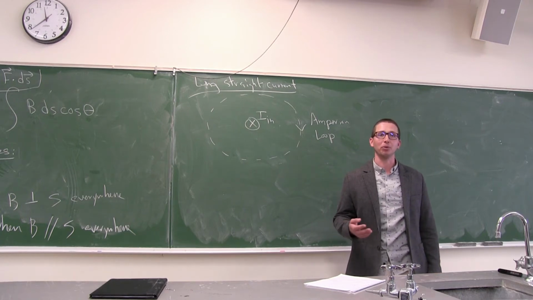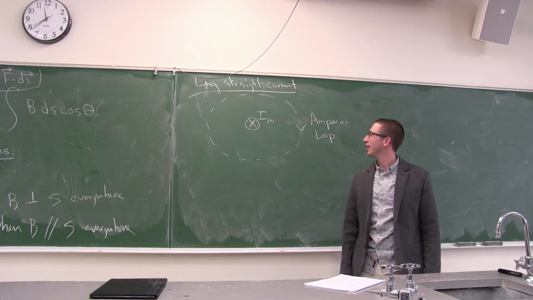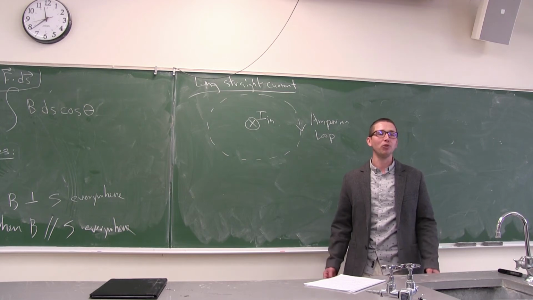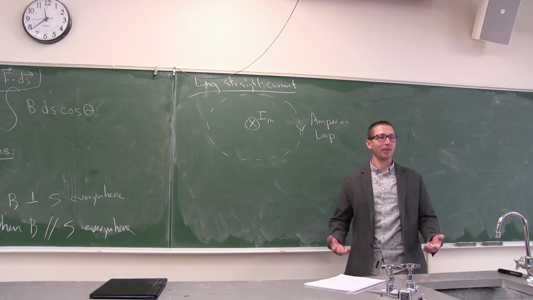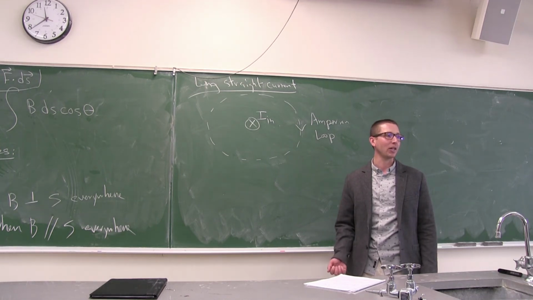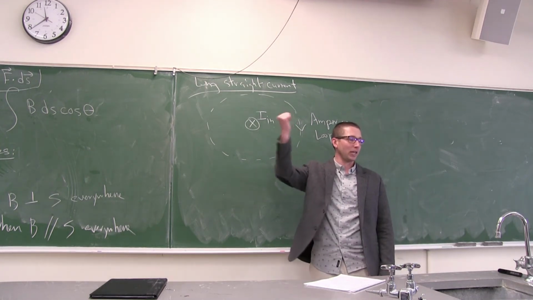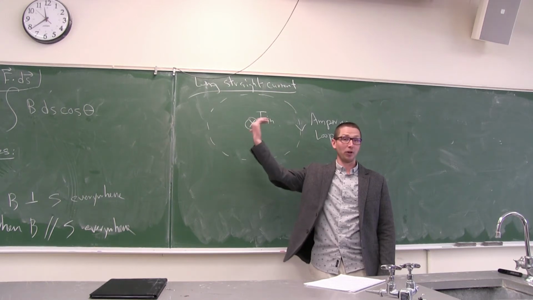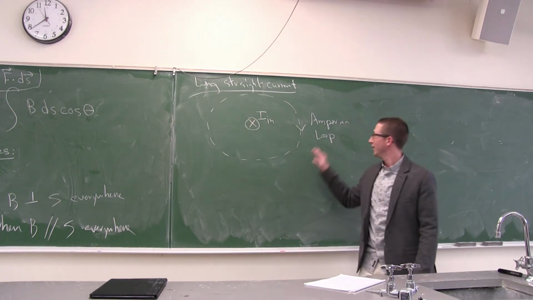We generally pick that loop to move in the direction we expect the magnetic field to be going. That's why I choose the magnetic field to go in the clockwise direction, because current is into the board and the magnetic field wraps around in this direction.